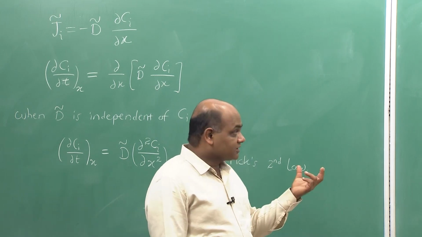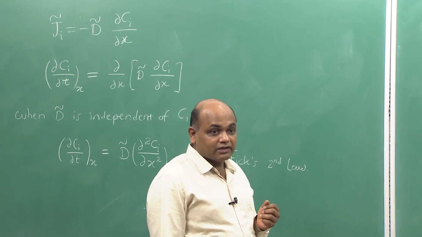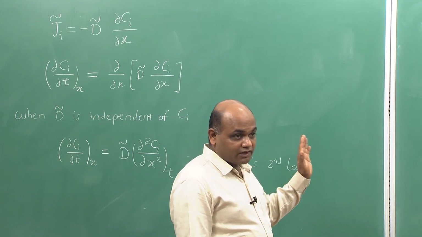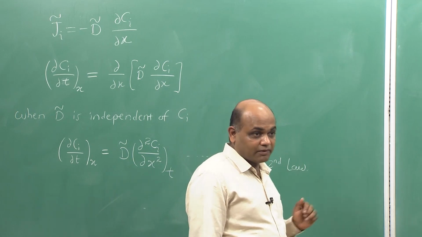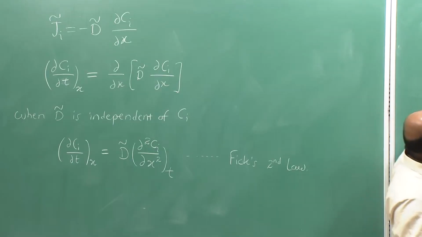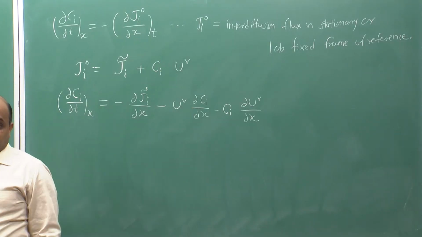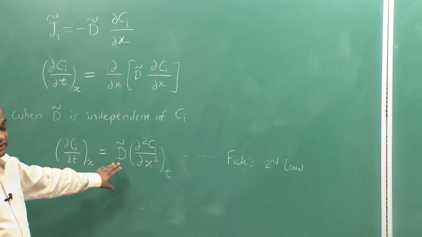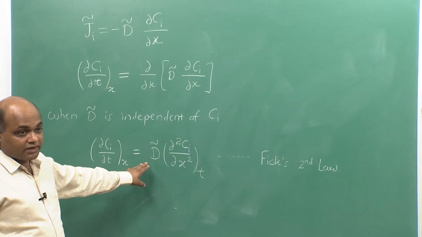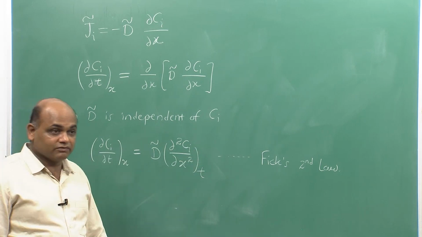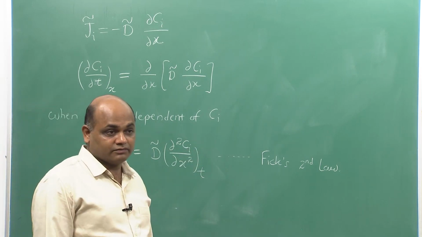And obviously, when there is an expansion or contraction, you can visualize along with the diffusive flow or the Fickian flux, there will also be the net mass flow because of the expansion or contraction. So, that you need to consider when you write the flux in lab fixed frame. Clear? So, when I write this equation, I am assuming that my lab fixed frame is coinciding with volume fixed frame, which in other words means the velocity of volume fixed frame uv is 0.